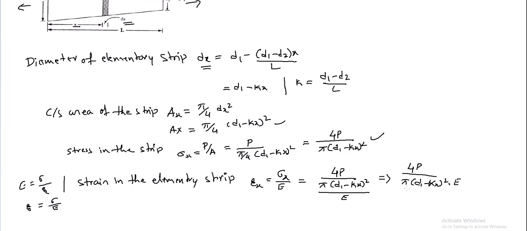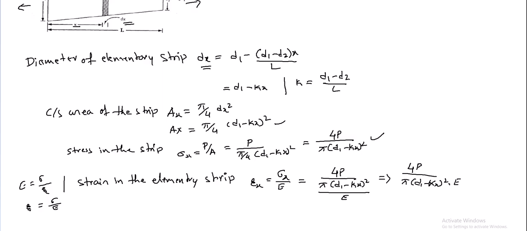After this, the dx will be taken, that is dx is written here itself. If I write this for strain in the elementary strip, I will take that in the next step, so I do not write it here.